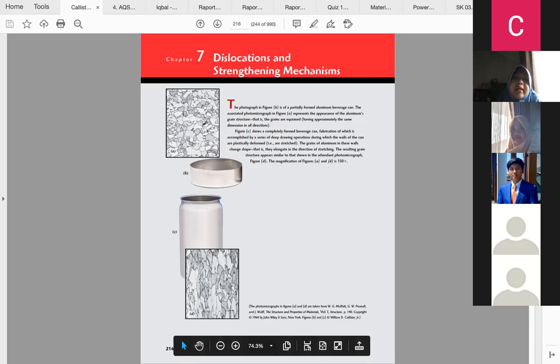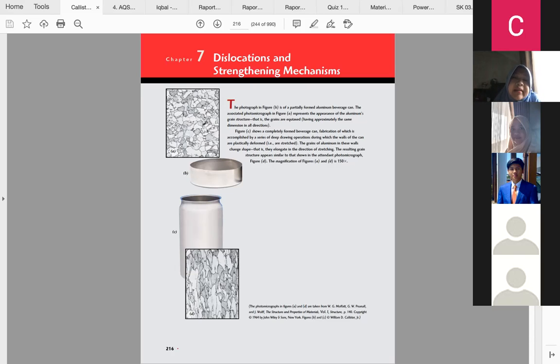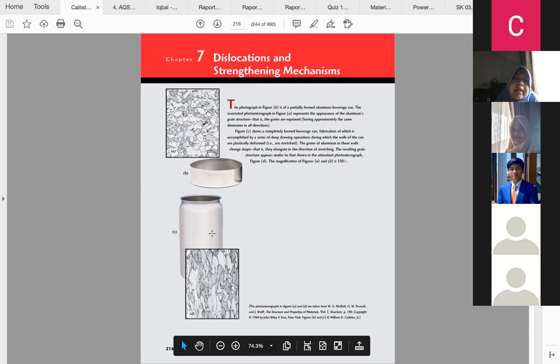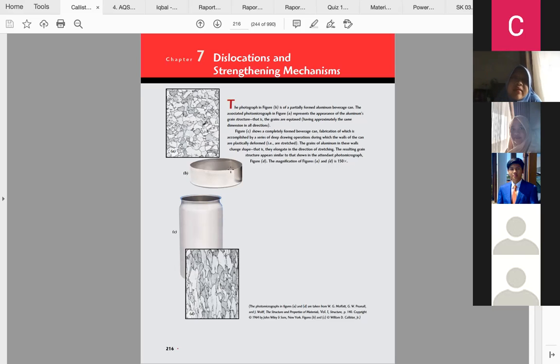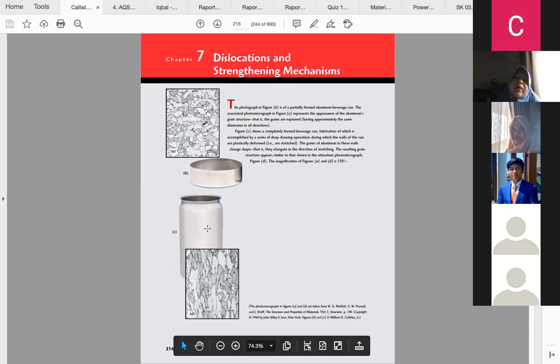So this is one way to strengthen the metal: by pulling or stretching. You have a formed or stretched metal, and you just need a small piece of metal, which also means a small cost. And second, you will have a stronger material because of the strengthening mechanism, right?